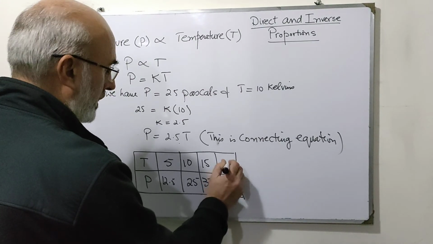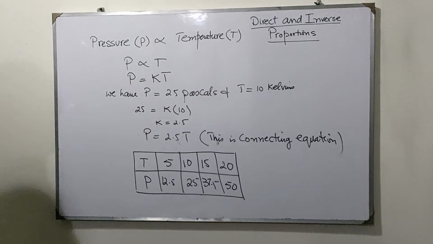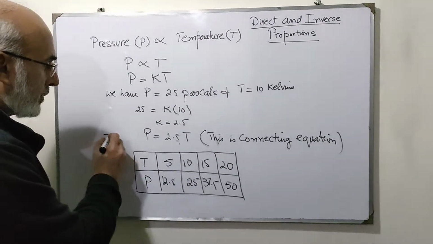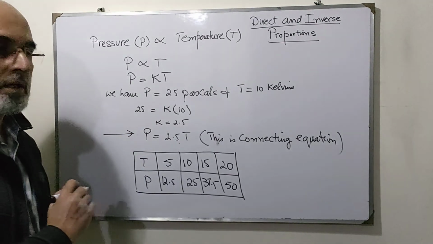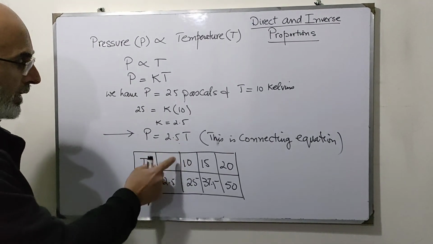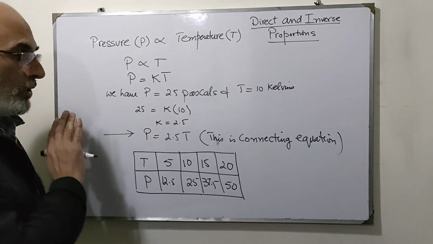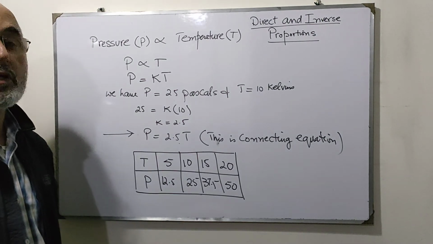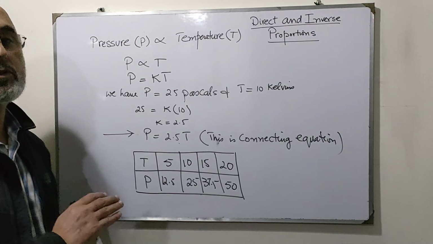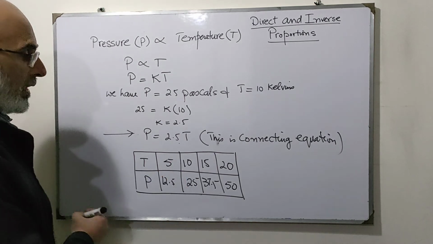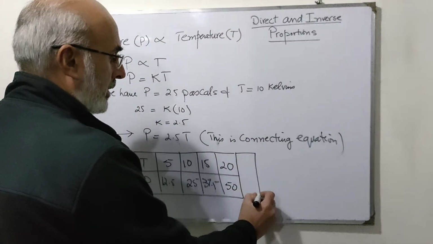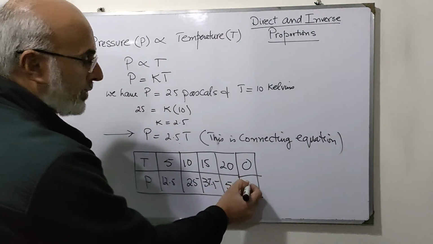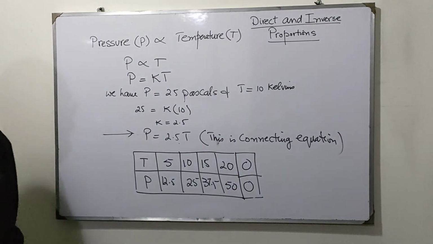So these are the values we have calculated using this connecting equation, applying the value of T and getting pressure. We'll apply these values in a graph, and we are going to get a straight line which is also passing through the origin. When I say origin, if I take temperature T as 0, the pressure is also going to be 0. So that means they are going to pass through the origin.